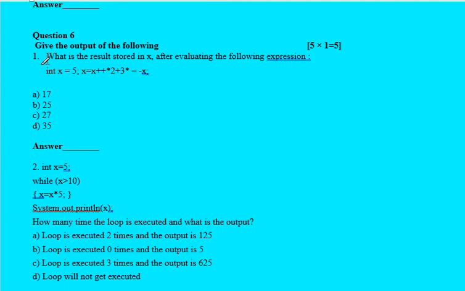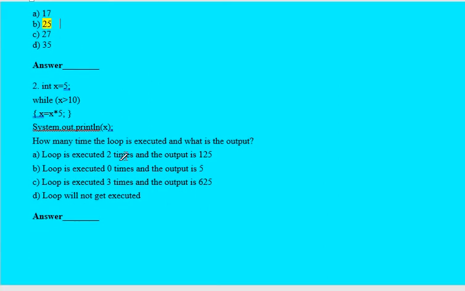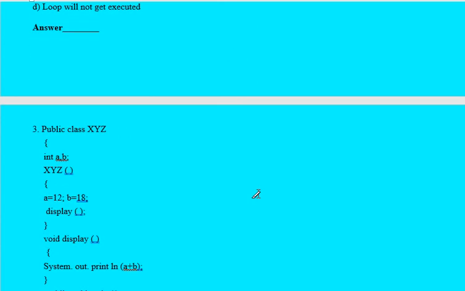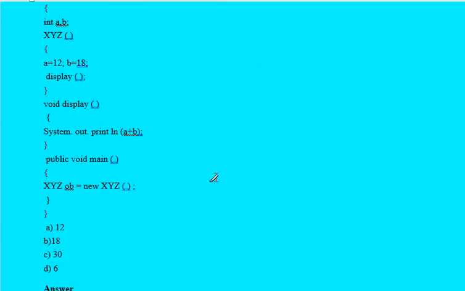And here the answer here is 25. When you execute, this loop will get executed 0 times and the output will be 5. So read this.